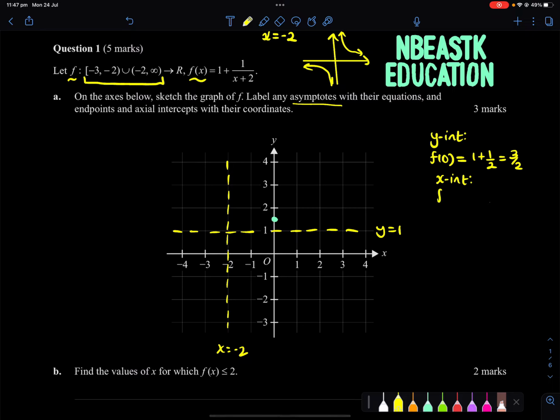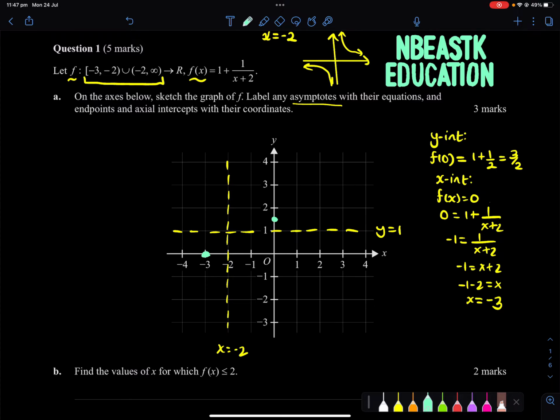For our x-intercept, we solve f of x equal to 0. That will be 0 equals 1 plus 1 over x plus 2, so negative 1 equals 1 over x plus 2, so x plus 2 equals negative 1, and x equals negative 1 minus 2. Therefore, x is equal to negative 3. This is our x-intercept over here.